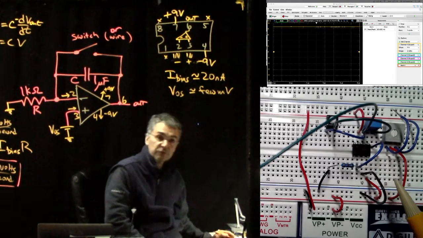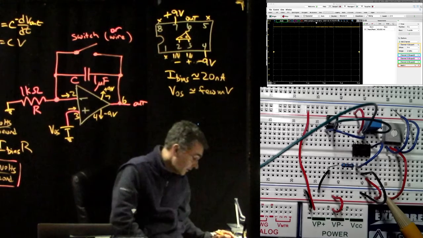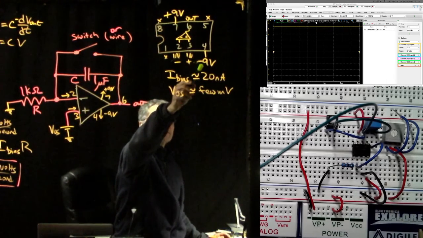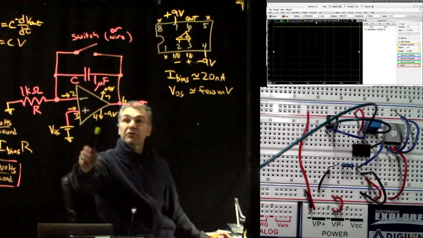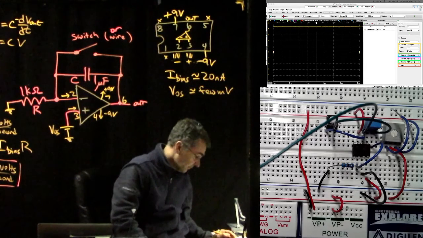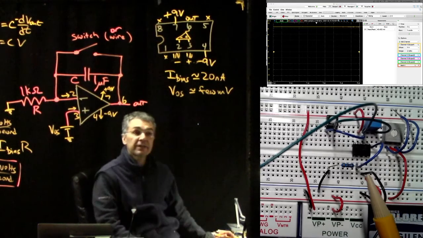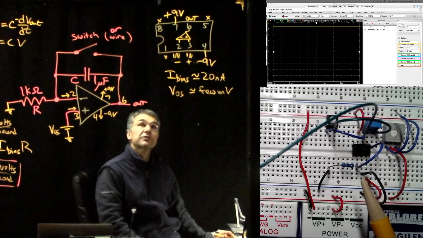And then pin 4 of the op amp is our negative power supply voltage. That's connected to minus 9 volts here on the EE board. And then pin 5 is normally not connected to anything, although we'll use it a little later.